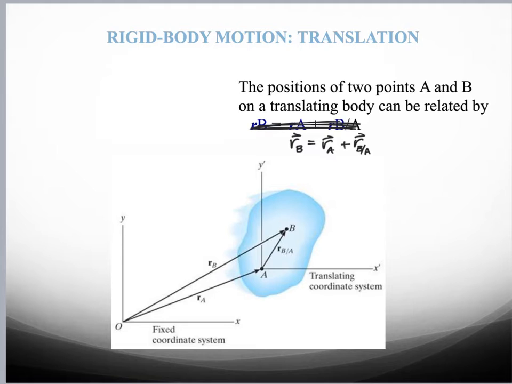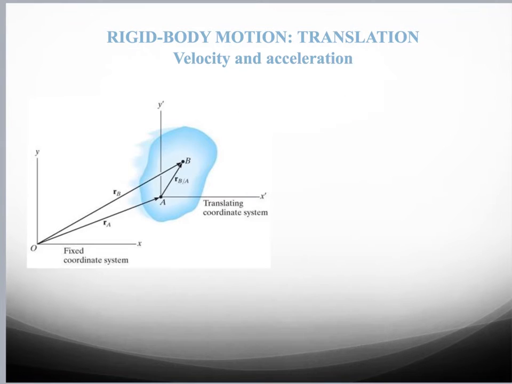What we want to think about is what's going to be true about velocities and accelerations in this type of situation. I'm going to rewrite this expression so we remember it. If we want to define velocity, of course, that's the derivative of r with respect to t.